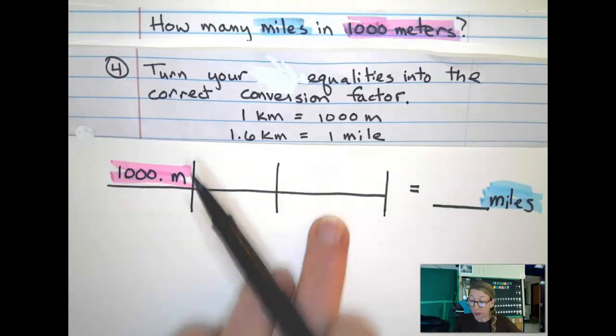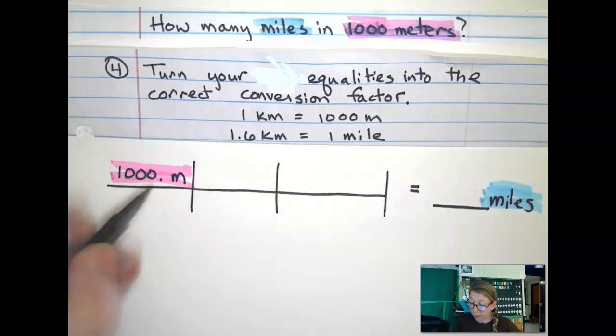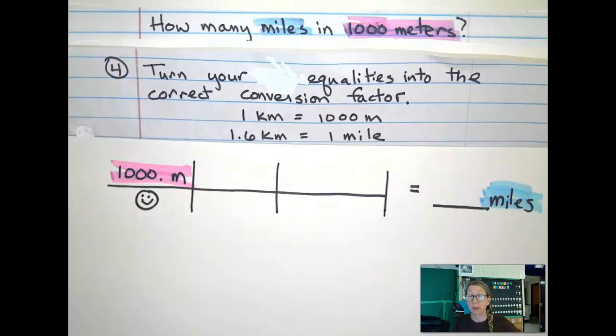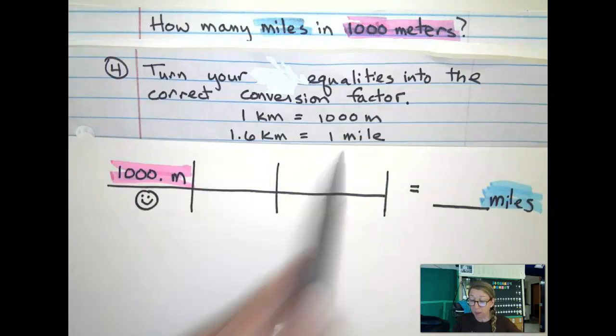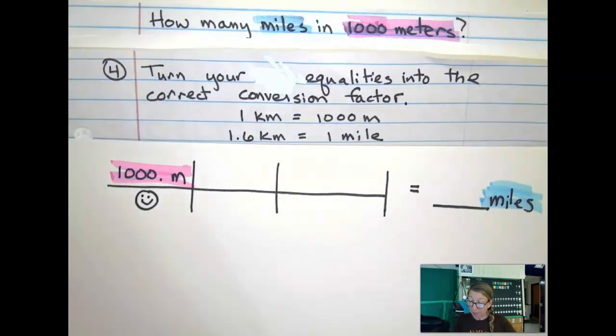Those are the only things that go into your boxes on your T-chart. I'm going to put a smiley face here to tell me I don't know anything, I don't need to put anything underneath my original quantity. And now all we put in here are conversion factors, but we have to place them correctly. We place them correctly by putting the desired units on the same side and the units that we want to get rid of on the opposite side.